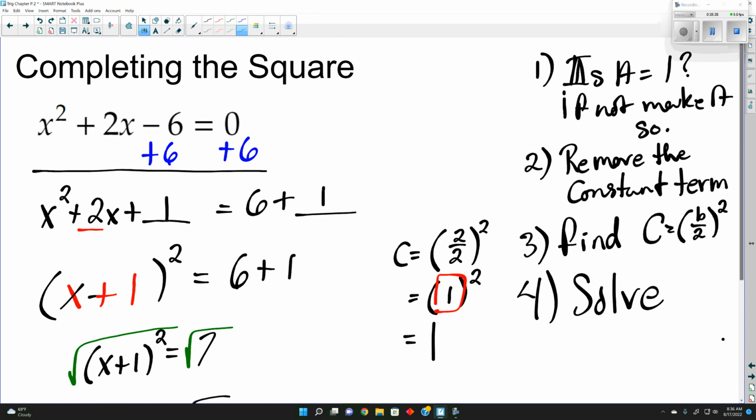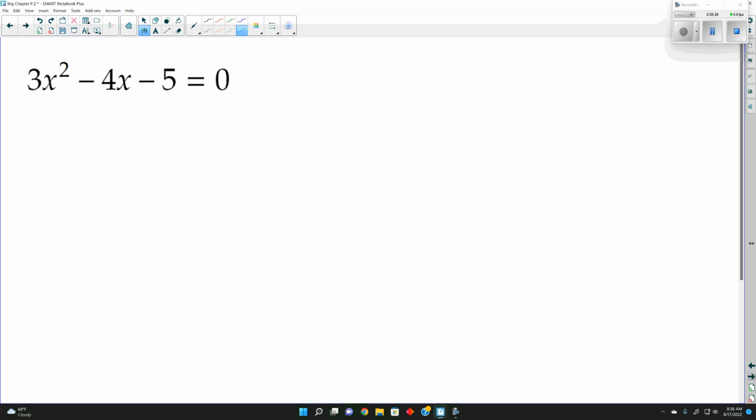Any other questions over this here? Do we need to see another example with completing the square? Because I'm not going to, there's going to be a few here and there. I don't think I'm going to restrict you too much on these here. So, where we're at.